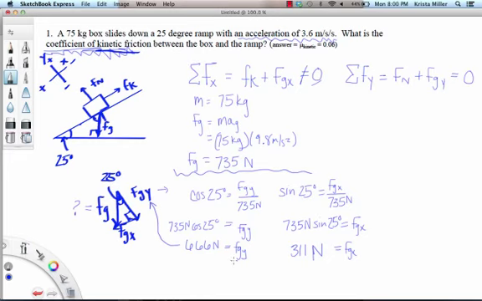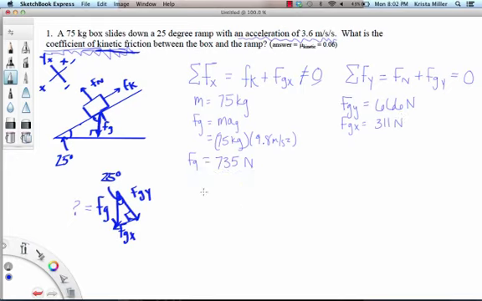So what I'm going to take a minute and do is write down the things that we just determined. We just determined force of gravity in the y direction is equal to 666 newtons, and force of gravity in the x direction equals 311 newtons.